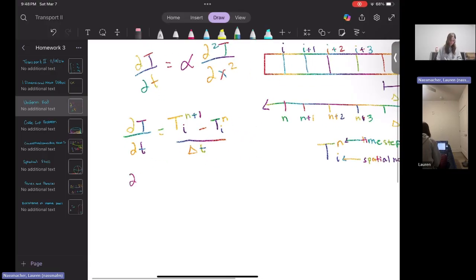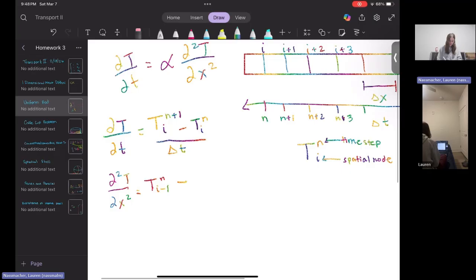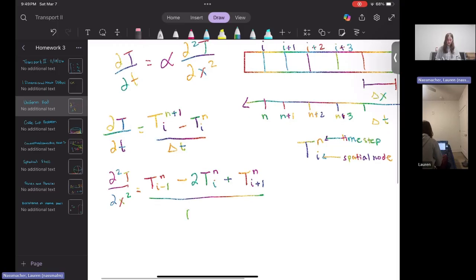So our second derivative of temperature with respect to distance is equal to our temperature at time step n at spatial node i minus 1, minus 2 multiplied by our temperature at the same time step at spatial node i, plus our temperature at the same time step at spatial node i plus 1, over our change in distance delta x squared.